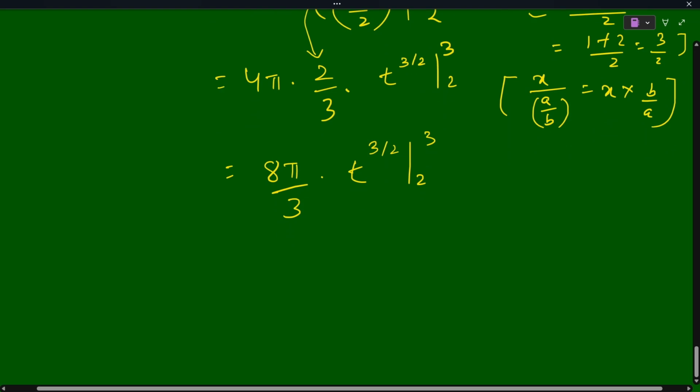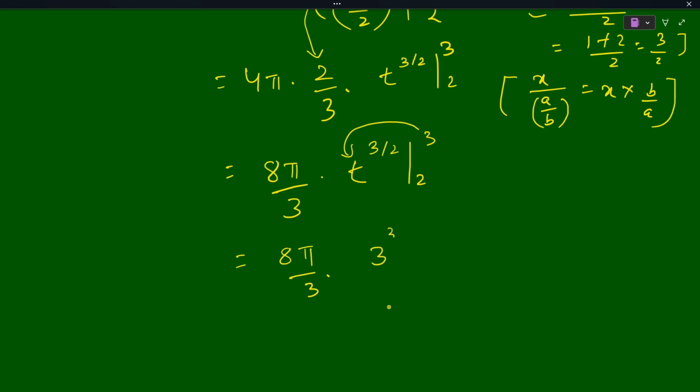See, this formula is x by a by b equal to x into b by a. That's why we got this from those steps. So now let's solve further.